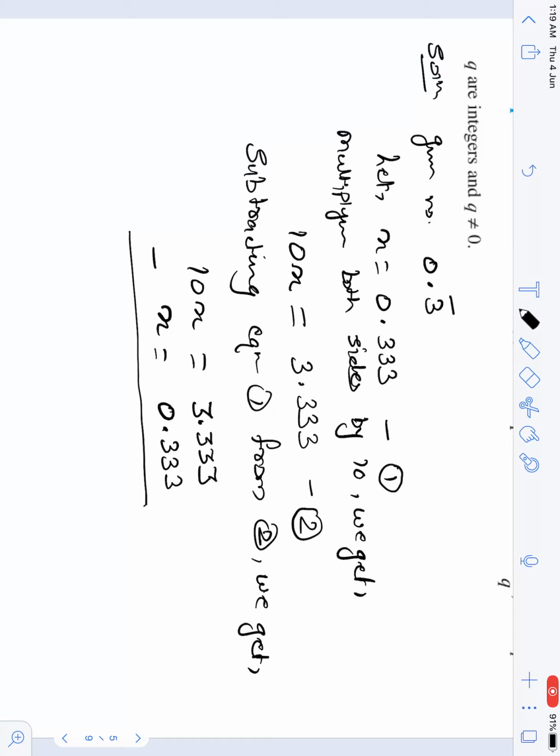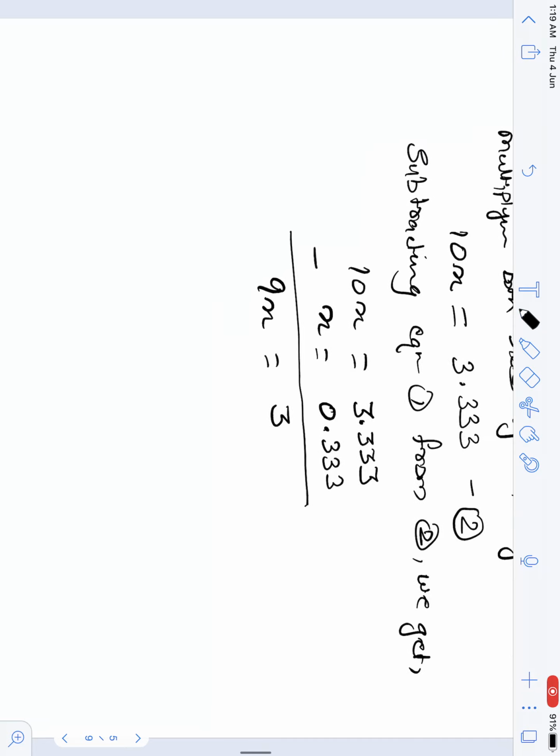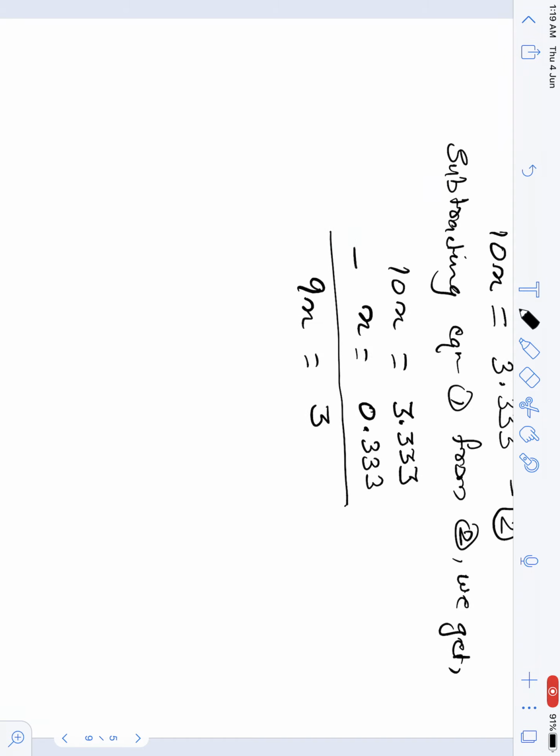Now 10x minus x can be written as 9x, whereas 333 and 333 will get cancelled. 3 minus 0 will be 3, so you get 9x equals 3. Now we want to keep x alone, so we change the side of this 9.